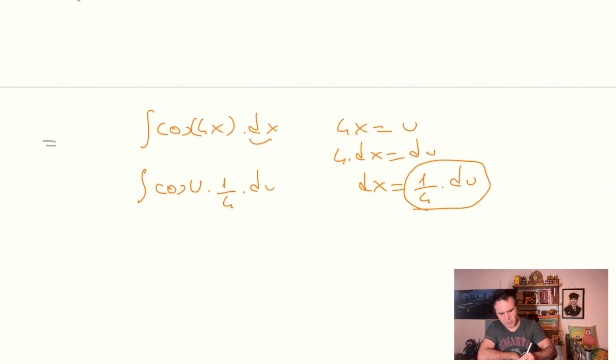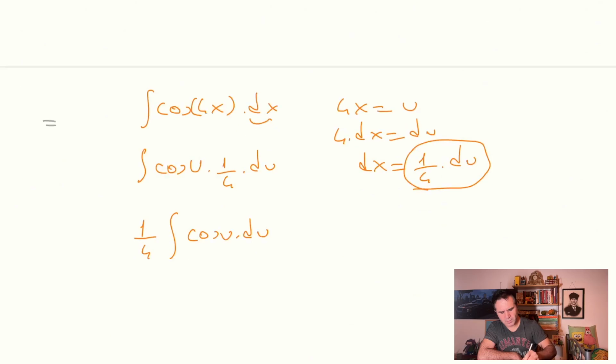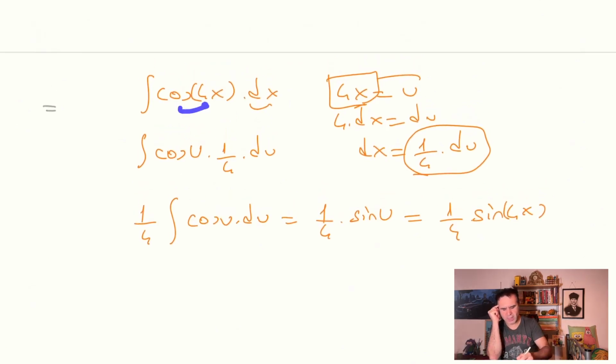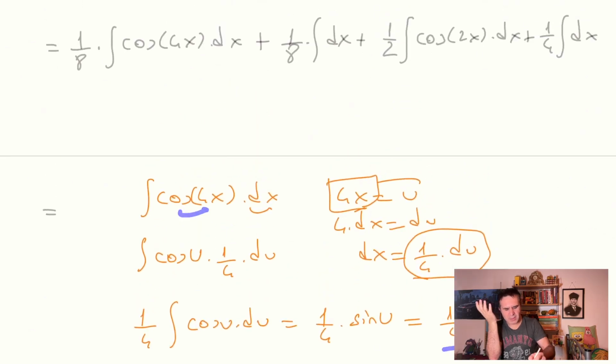The integral becomes 1 over 4 times the integral of cosine u du. The integral of cosine is sine, so 1 over 4 sine u. Since 4x equals u, we get sine of 4x. Then the integral of cosine 4x is 1 over 4 sine 4x. If you use the same method, the integral of cosine 2x is 1 over 2 sine 2x.